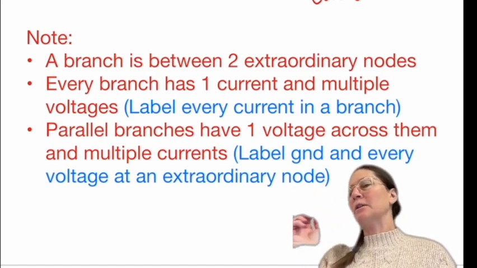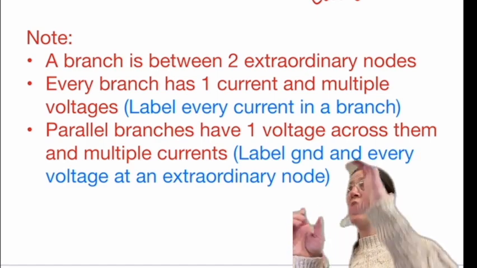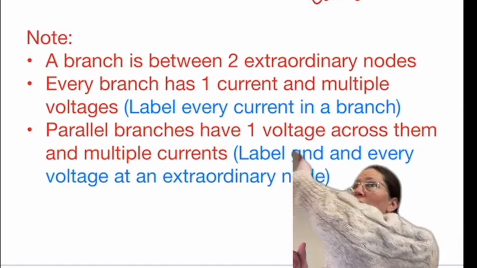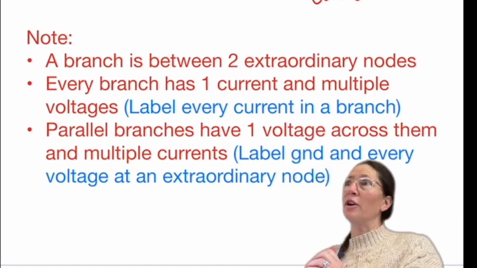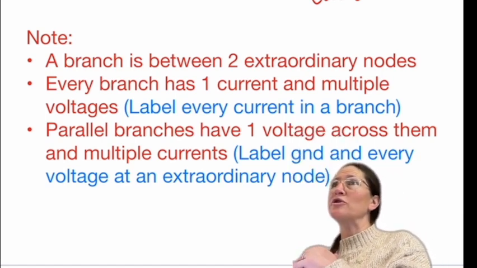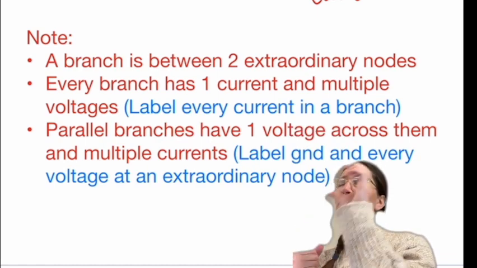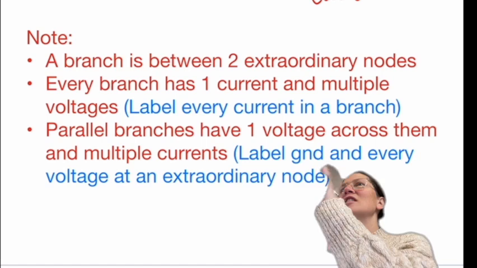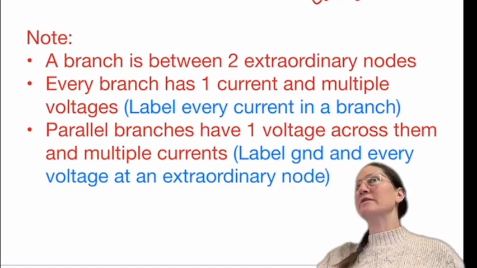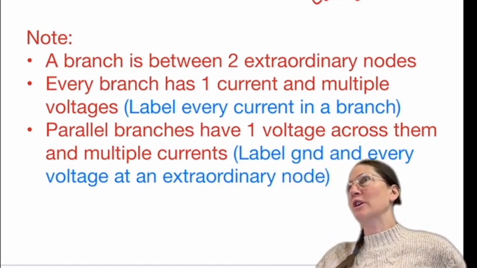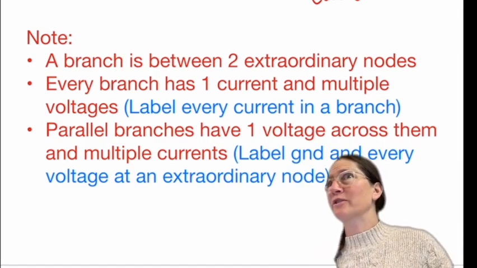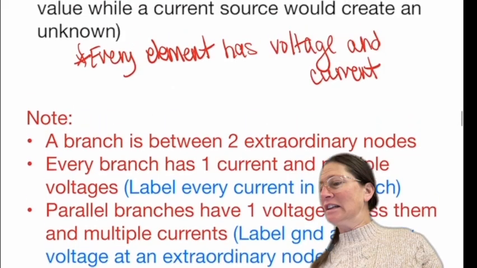And then a parallel branch will have one voltage across each branch if they're in parallel and have the same voltage. So one voltage across parallel branches. And then each current, since they're separate branches, will have its own current. So that concept is very important to understand.